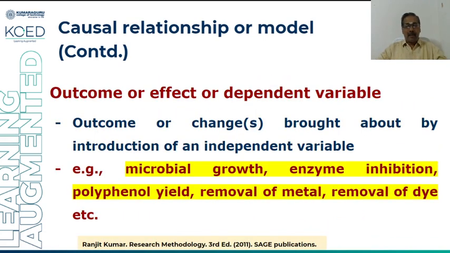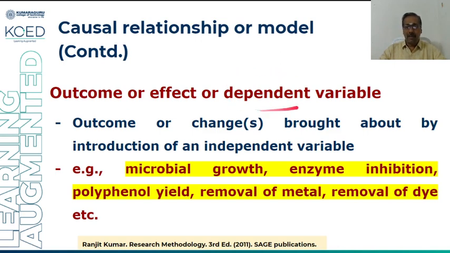The second type of variable is the outcome or effect or dependent variable. In biological sciences, biotechnology or broad life sciences, very simply, you can call this dependent variable a response. What response you are looking for.